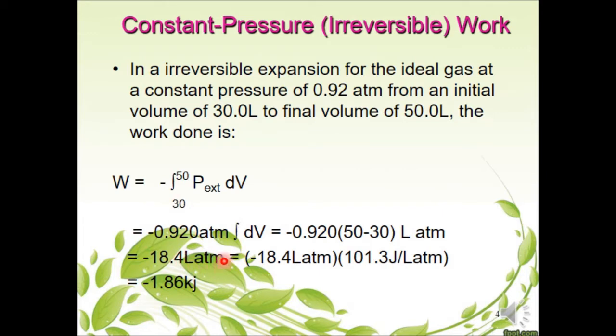So to convert liter atmosphere, we multiply by 101.3 joule per liter atm. Because 1 liter atm is equivalent to 101.3 joule. So we cancel the liter atmosphere, we get joule. The final answer would be negative 1.86 kilojoule.